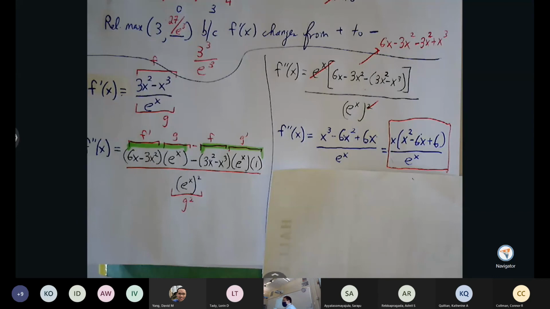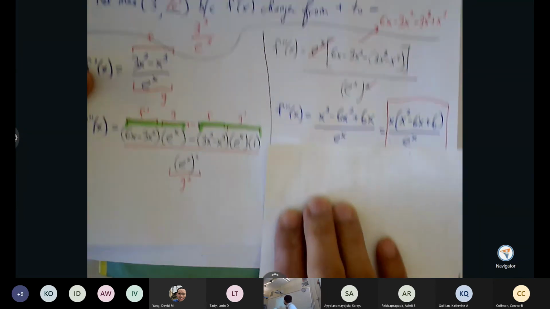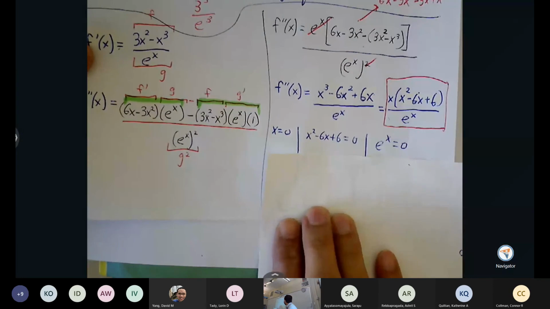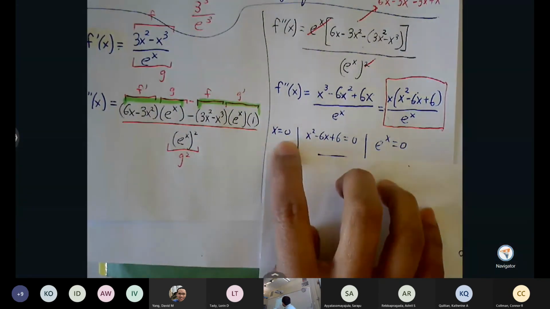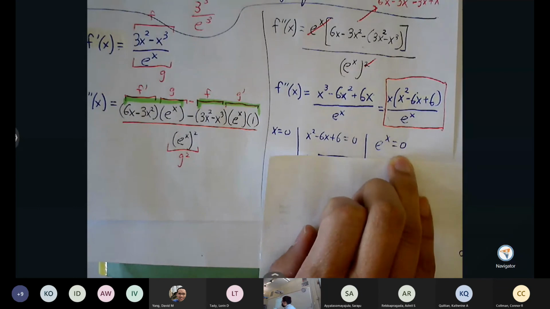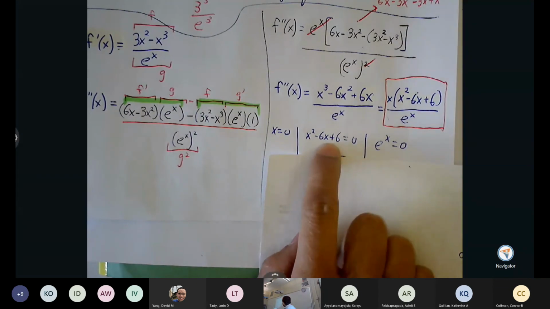Okay, so just like before, we're looking for critical points, right? But now these critical points are going to be candidates, not for relative extrema, but for points of inflection. So we set both the numerator and denominator equal to 0. X equals 0, that's 1. E to the x equals 0, that's the same issue as before, right? Nothing there. X squared minus 6x plus 6.